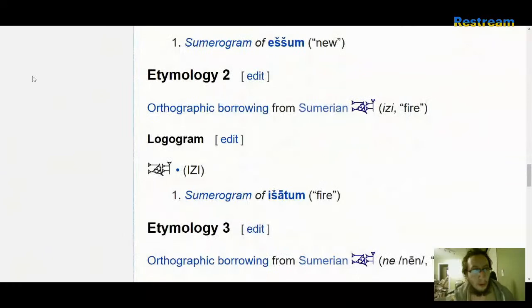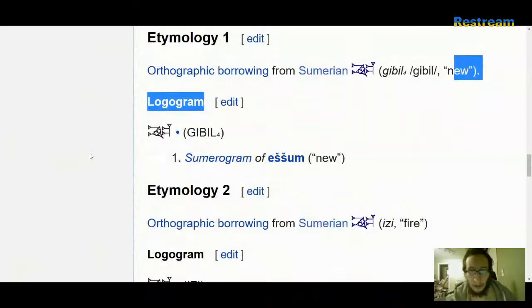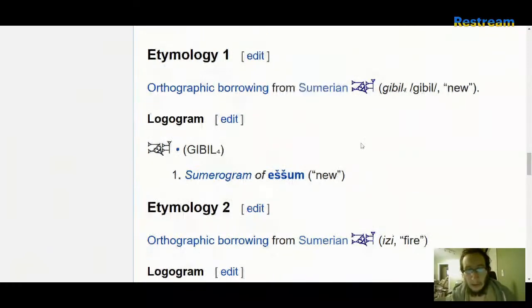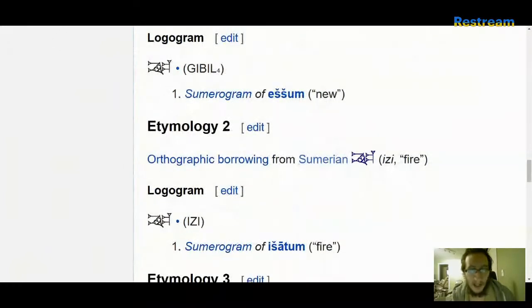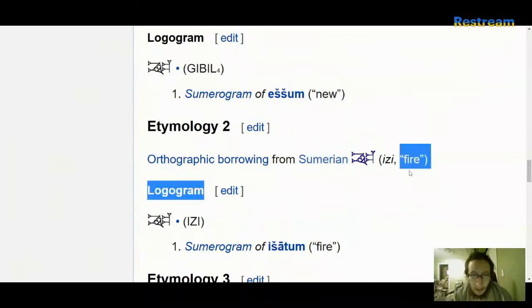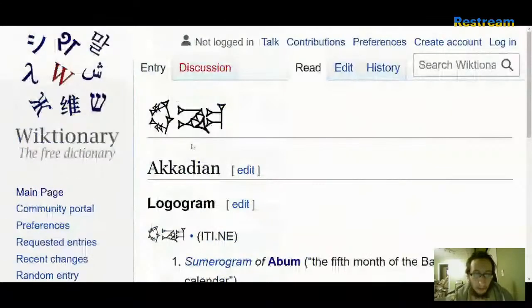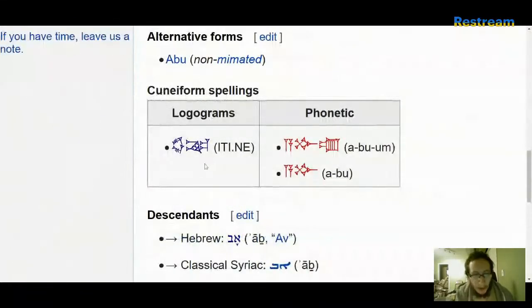So the month of new, it probably means the month of newness. If you're translating it, the month of would be like the new month. They say it means fire, but I question their association with that. I would say it probably is new. So it can mean fire, but in the context of the month, I think it means the new.